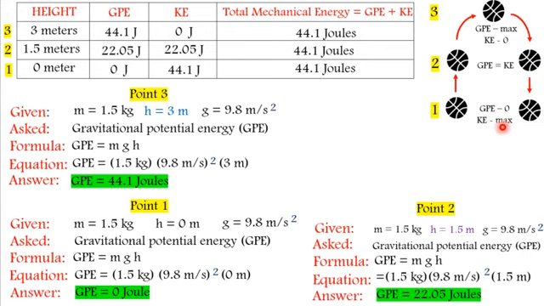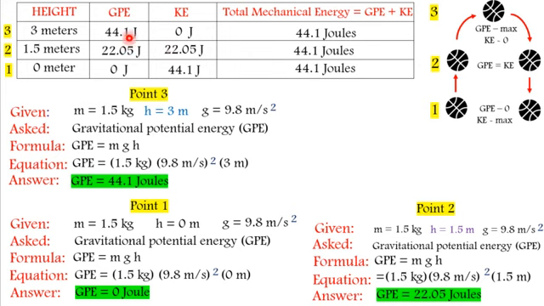The loss in KE is equal to the gain in gravitational potential energy, while the loss in gravitational potential energy is equal to the gain in kinetic energy. And you will notice also here at the center that the amount of gravitational potential energy and kinetic energy are equal to one another.